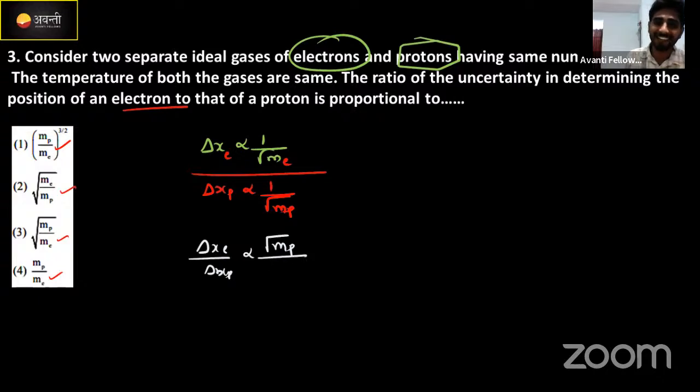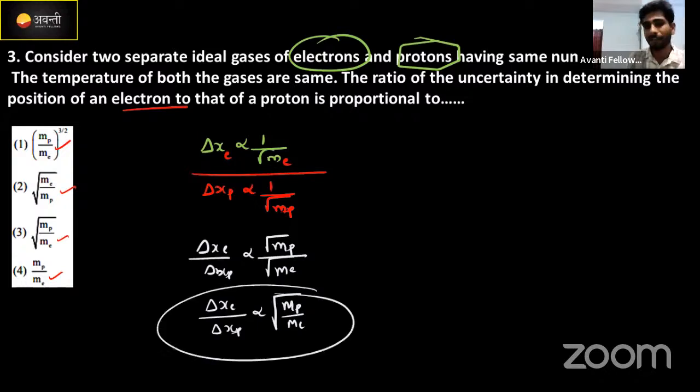Divided by the mass of the electron, clear? Hence we can write this as delta x e, the uncertainty of an electron, to the uncertainty in position of a proton is proportional to under root of mass of proton by mass of electron, right.